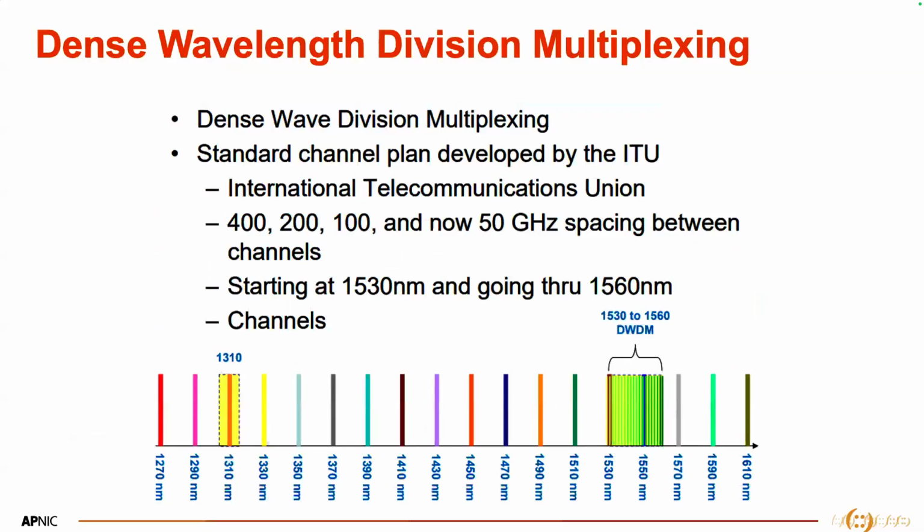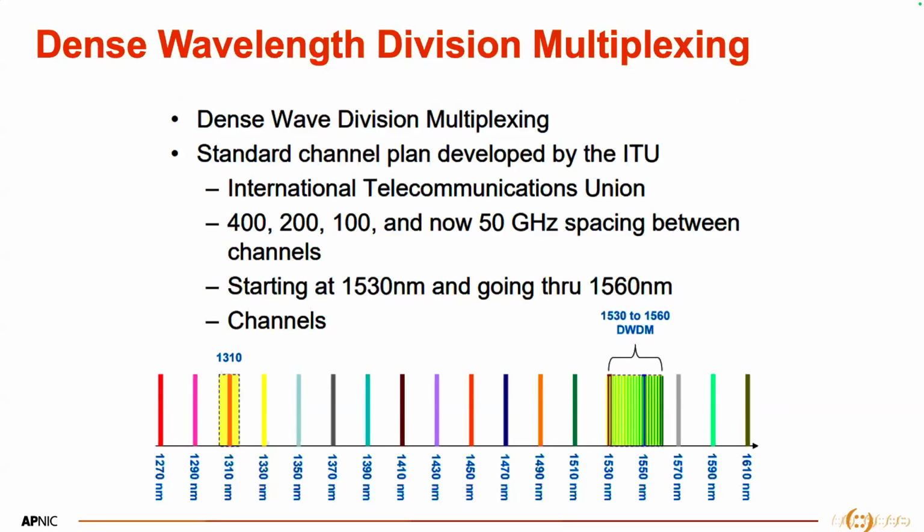So as I was saying, DWDM, dense wave division multiplexing. The definition of DWDM lies in its own name. It is doing wave division multiplexing, and the waves are picked in a dense manner, right?